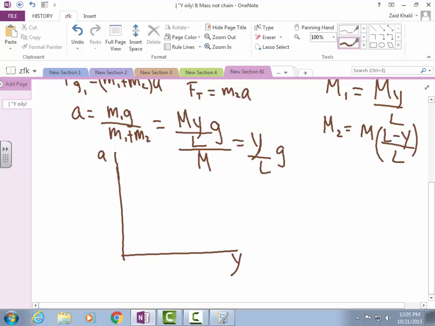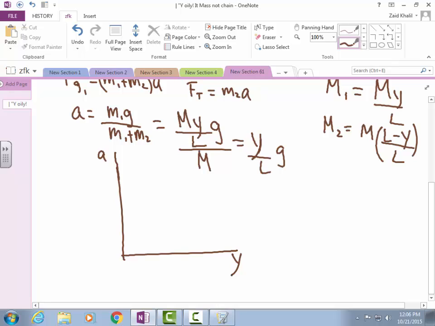It's linear? What is it? Whoa, be careful. The setup was that the table was much higher off the ground than the chain. So in other words, we're dropping out of the window.